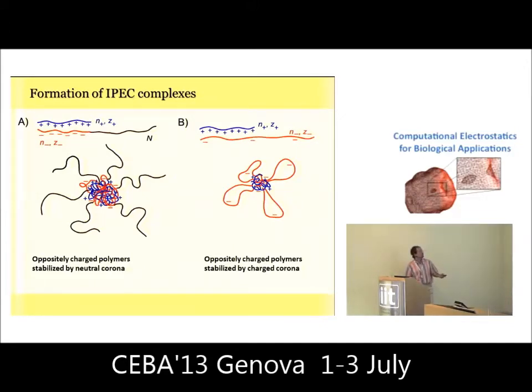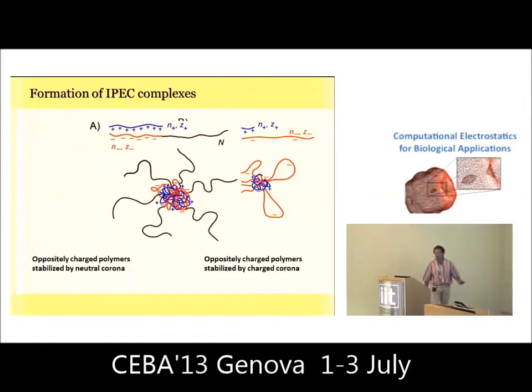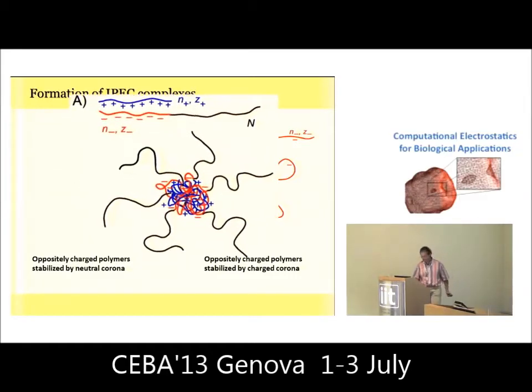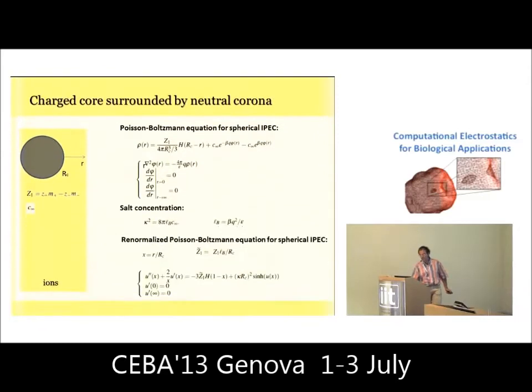Then you can also have loops which will protect this object, because if you don't have this, they will aggregate and precipitate, and it will be just a neutral system. So if you want finite size objects, you need to stabilize them with neutral things. I will just focus on this particular situation.